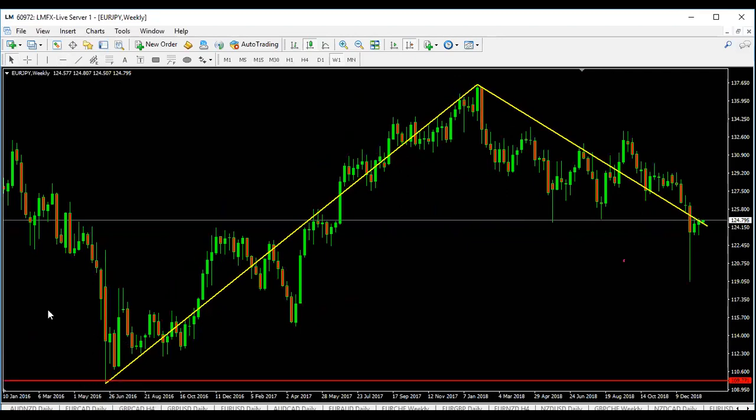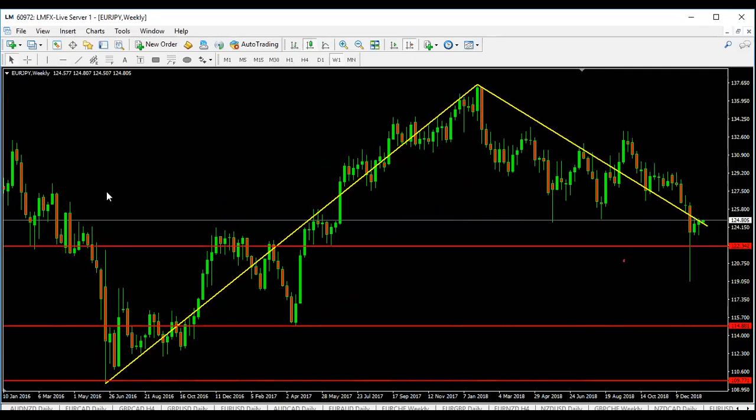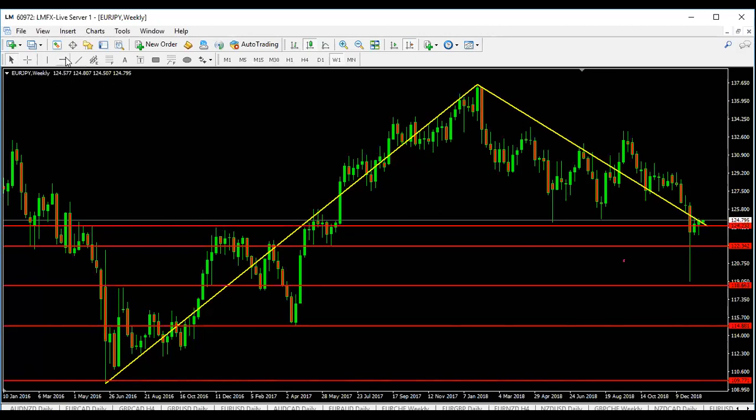So here's our low. We created another low, which was a higher low. We created another low, but it was a higher low. So we have a low, a higher low, a higher low. We have higher highs. So here was our high. Here is our higher high. Another high, which is higher.